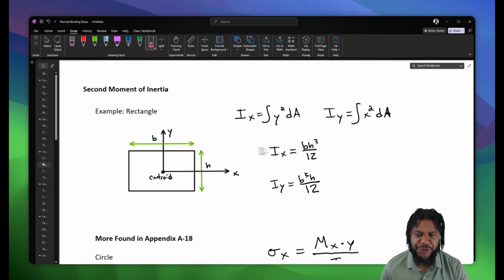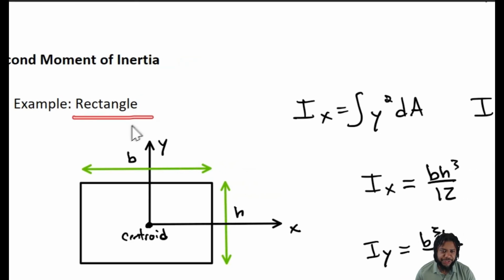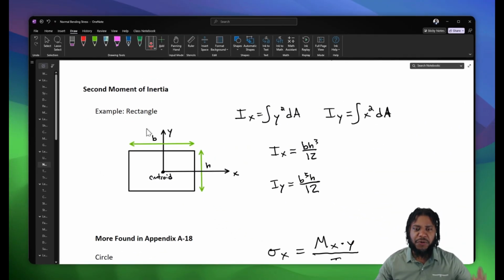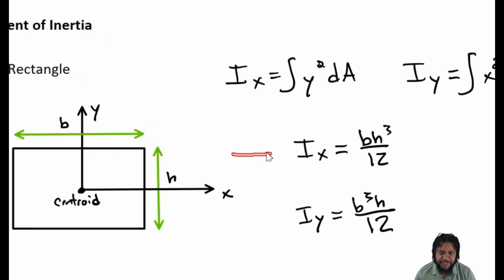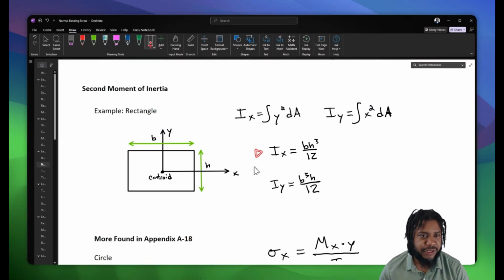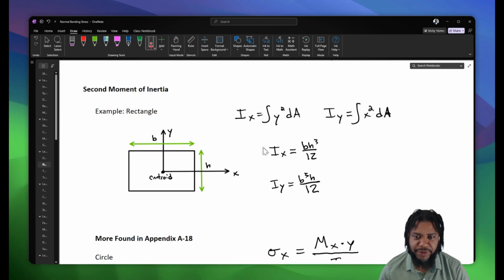Now, when we figure out the dA element and we execute the integral for certain simple geometries, rectangles, circles, and so on, we can get the exact solution to the second moment of inertia. For example, for this rectangle, Ix is b times h cubed divided by 12, and Iy is b cubed times h divided by 12.